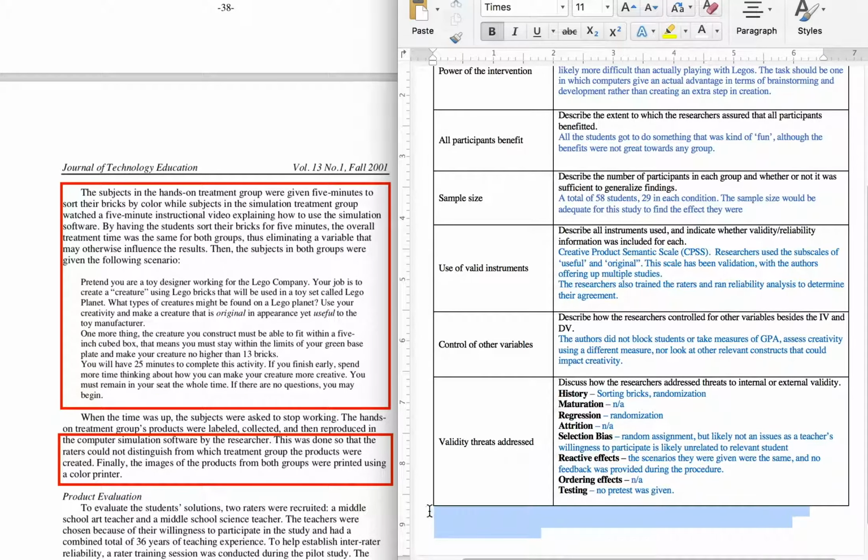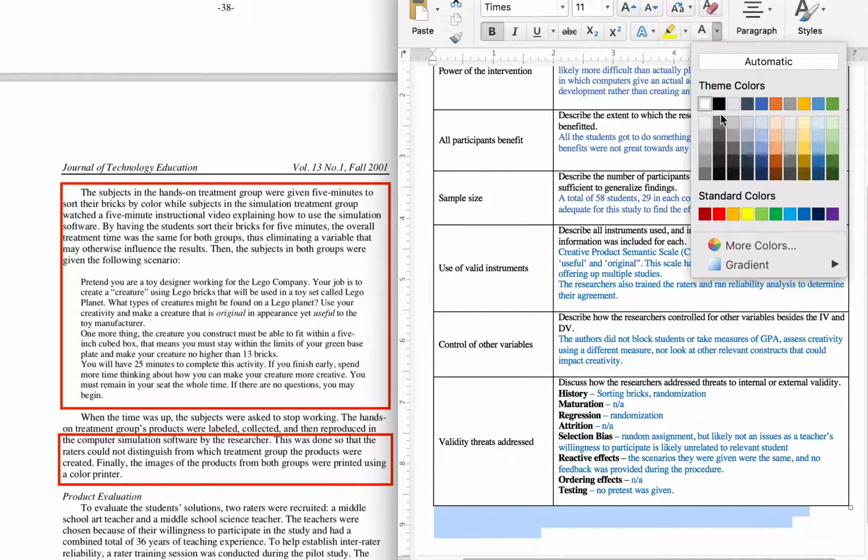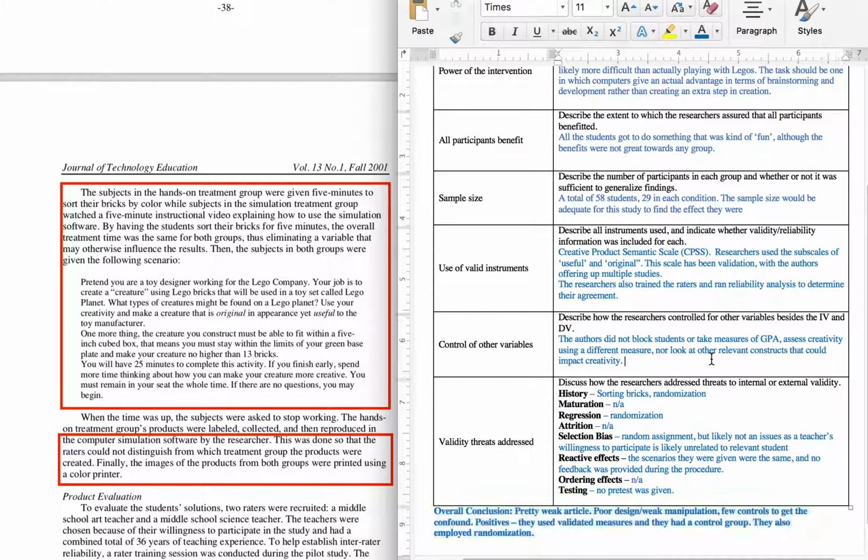So the overall conclusion, it's a pretty weak article. Poor design and weak manipulation for those reasons that we talked about. You wouldn't expect there to be a difference here. In this particular situation, you need to give people computers if you're trying to get them to be more creative, where it will actually have some kind of effect, where it's not actually taking you away from the stuff that you can easily manipulate in a rapid fashion.